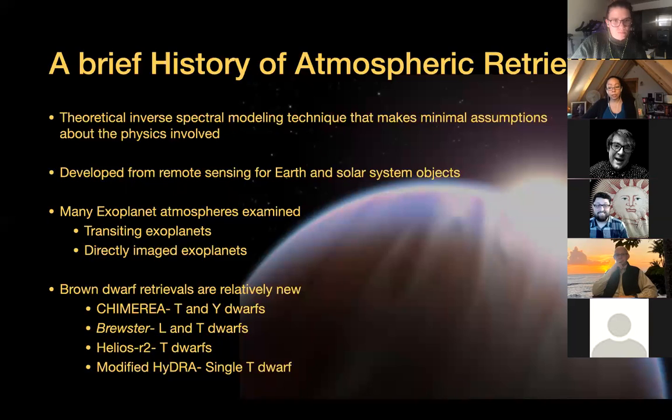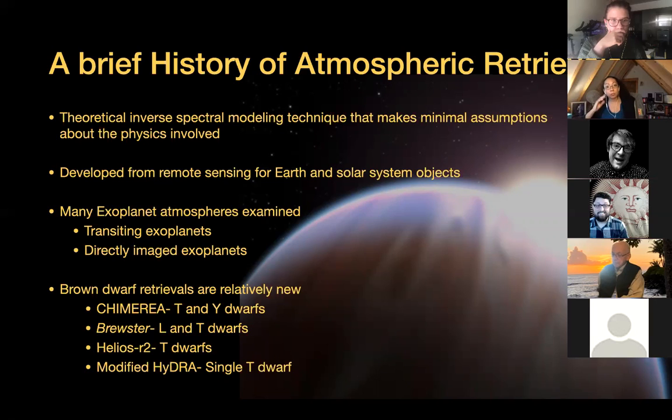This is because brown dwarf science has primarily been using self-consistent grid models where you include as much physics as possible and iterate through to get a model to come up with fundamental parameters of these objects. For brown dwarfs, there's really only 4 retrieval codes right now that have been used. The first one is Chimera, which focuses on the cool T and Y dwarfs, and that was written by Mike Line.